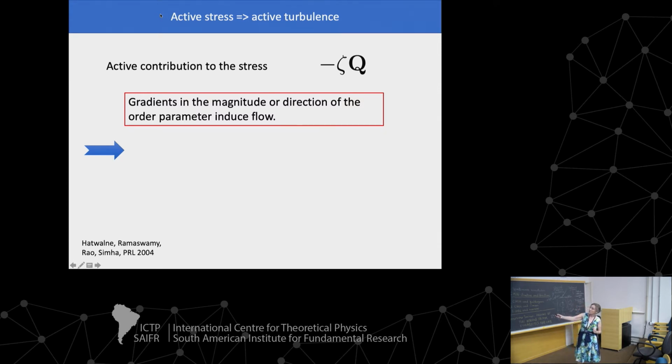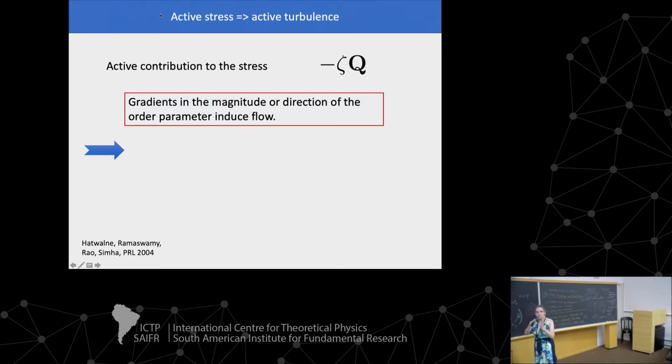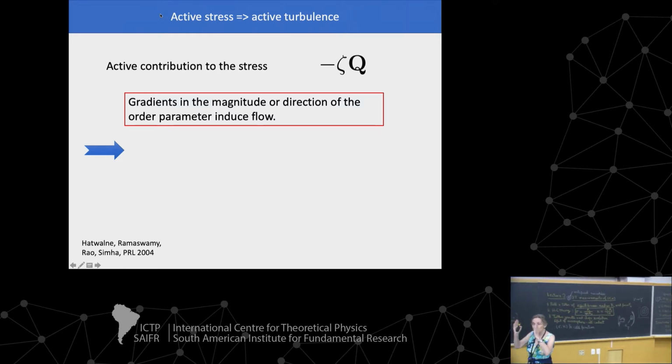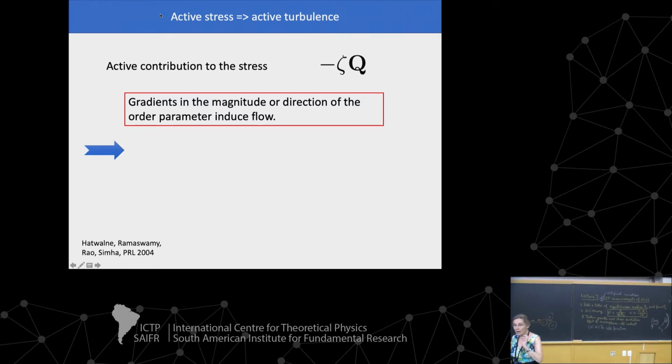And any time the nematic order is mucked up, any time you don't have perfect nematic order, you get an additional stress, an additional force on the fluid. And of course, if you've got an extra force, you induce flow. Anything that's not perfectly nematic will give you a flow field.